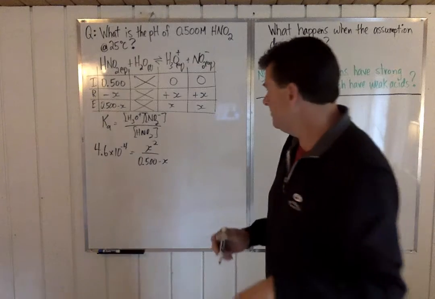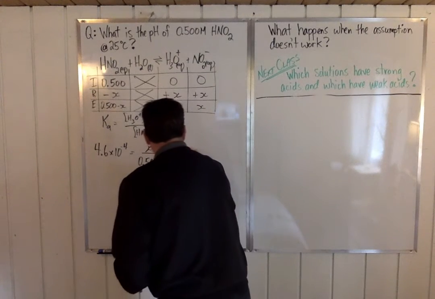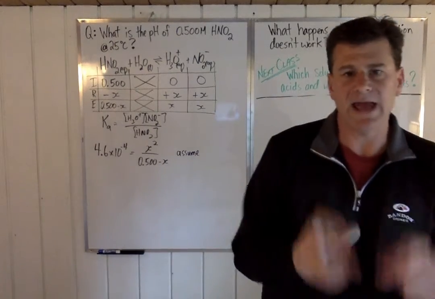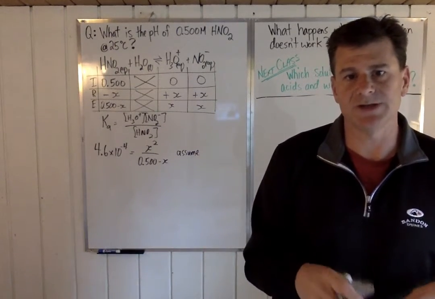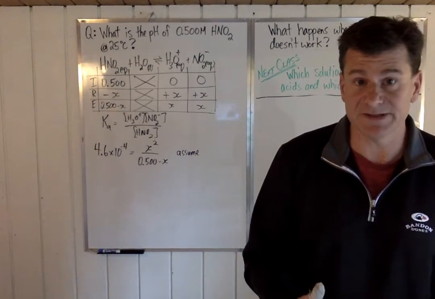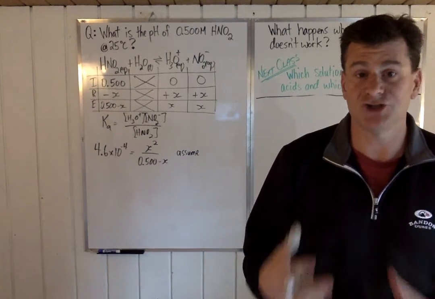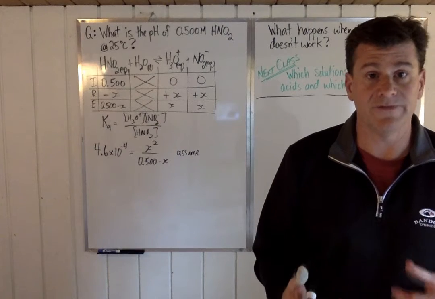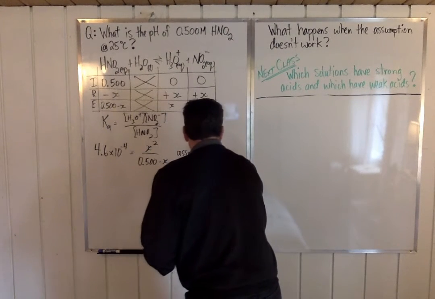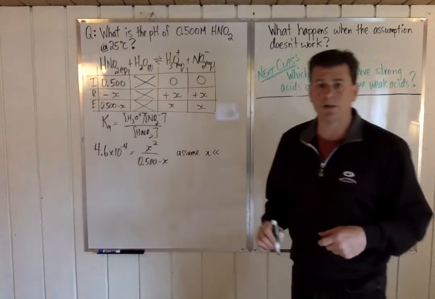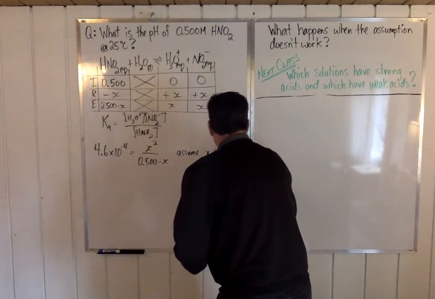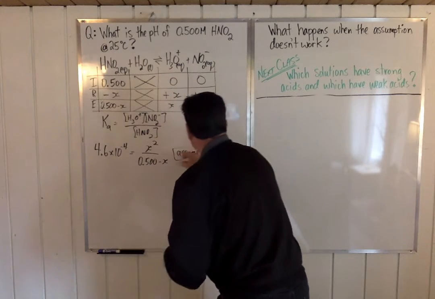So the assumption you write down, and you are assuming that that X you're subtracting from 0.500 is going to be significantly smaller than 0.500, therefore it makes no difference, and you might as well just be dividing by the 0.500. So you're assuming that the X will be significantly smaller than, that's why I do kind of the double less than arrow, 0.500.